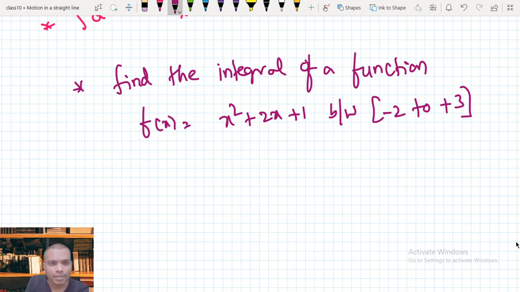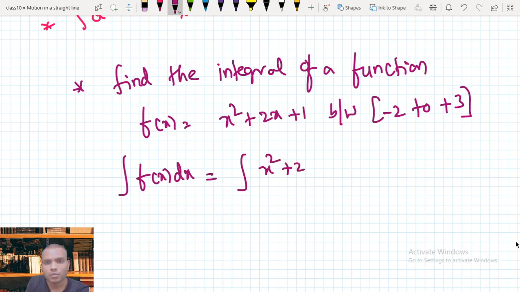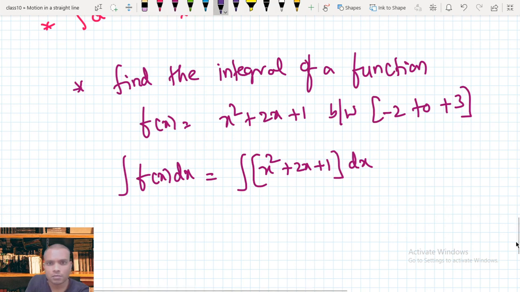What we can write is integral f of x dx is equal to integral of the given function x square plus 2x plus 1 of dx, between the limits minus 2 to plus 3.